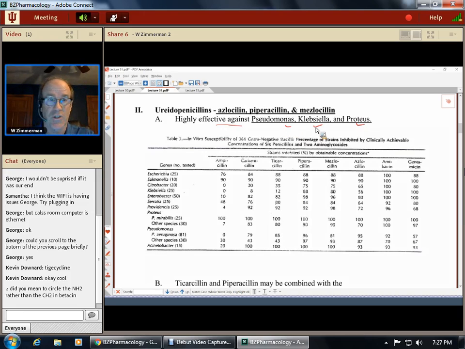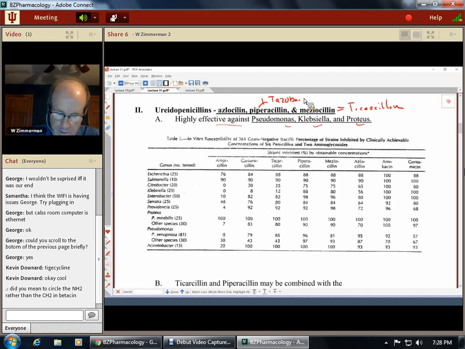That stuff sat on the shelf there until it expired. I mean, it was never used. And I was like, why? Why aren't we using this? We can say that these are equal to ticarcillin, but they're at least very similar. So why aren't we using this? And the piperacillin, as I mentioned, has the tazobactam, Zosyn.